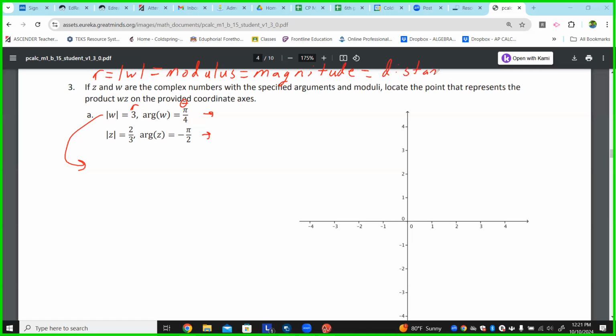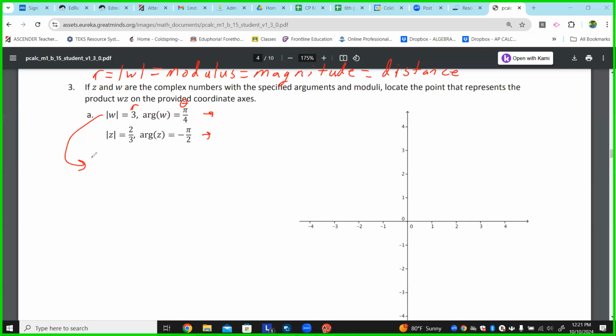We calculate two different distances. We calculate it from the origin as the square root of a squared plus b squared. And then in lesson 12, we calculate the distance between two different complex numbers using the distance formula, the difference of the x squared plus the difference of the y squared, and the square root of that result. But all of these things mean the exact same thing. So I can ask 5 different questions asking the exact same question. You just got to realize that it's the same question being asked.